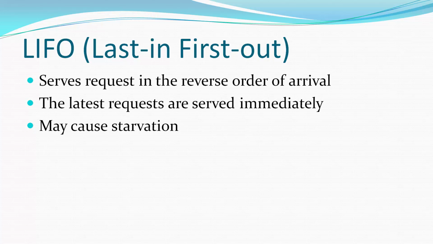And the second one is LIFO, which is last in, first out, and this serves requests in the reverse order of arrival. So it's basically the opposite of FIFO, which serves the first order of arrival. The latest requests are generally served immediately in LIFO, and this may cause starvation.